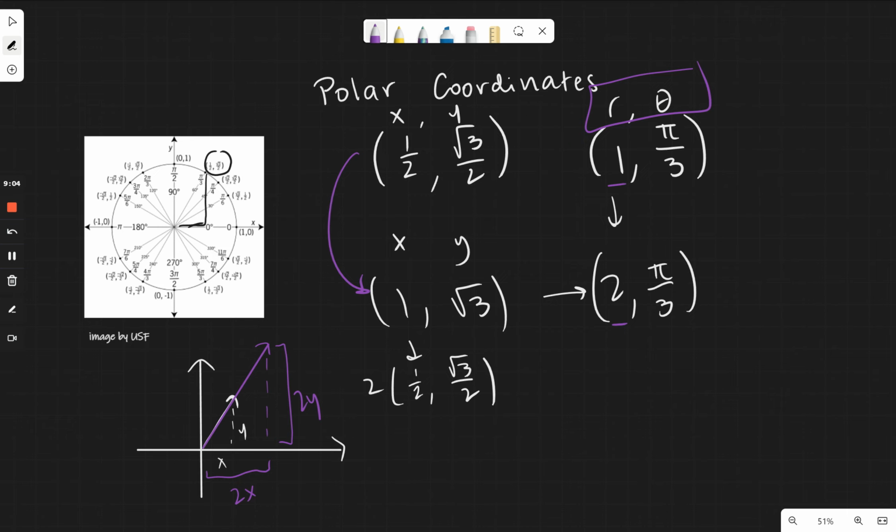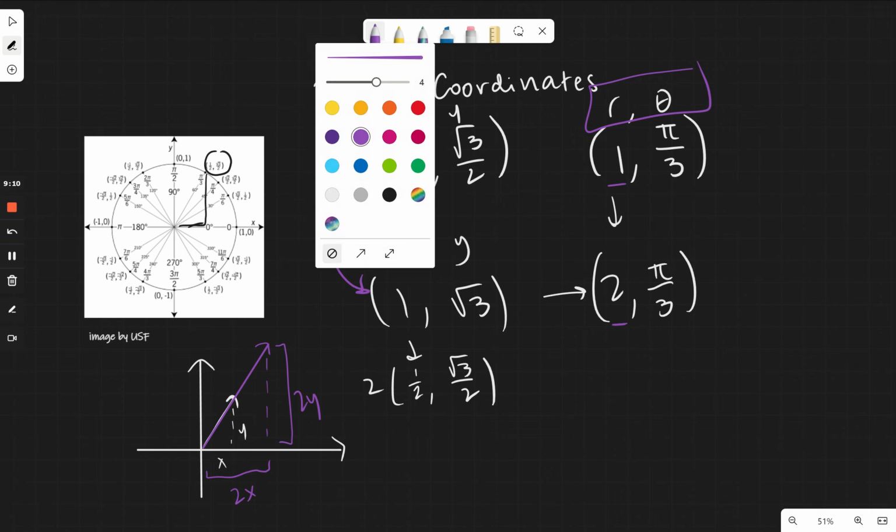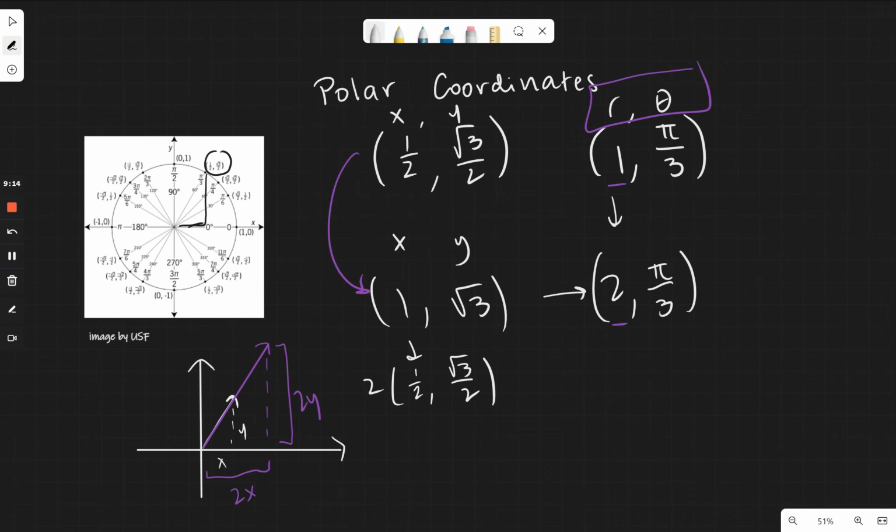another way you can do this, if you don't know the angle right off the top of your head, and that is to use tangent. Because in the rectangular coordinate system, let's take this one for example, 1, square root 3, if you drew this out. Whenever you're learning something new in the plane, or even algebraically, I like drawing stuff out, always draw it out.